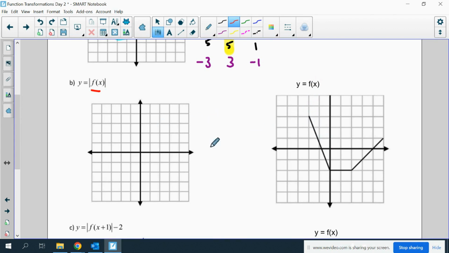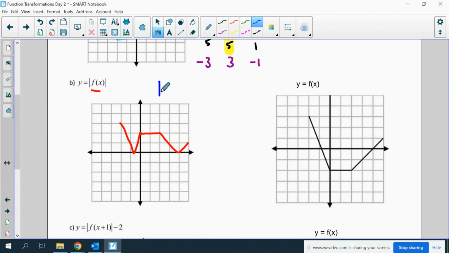And so what's happening is anything that was above the axis stays above the axis, and anything that was below the axis gets mirrored up and mirrors over, kind of like when I have y equals the absolute value of x. Anything that was below the axis gets mirrored up.